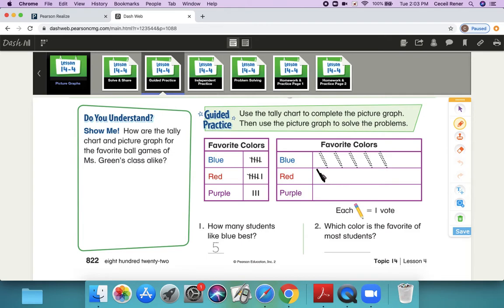So here's pencil 1, pencil 2, pencil 3, pencil 4, pencil 5, 1, 2, 3, 4, 5, pencil 6, okay?